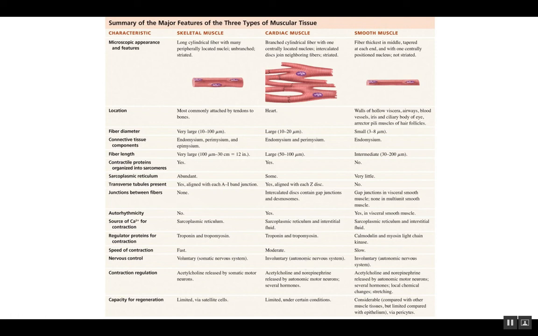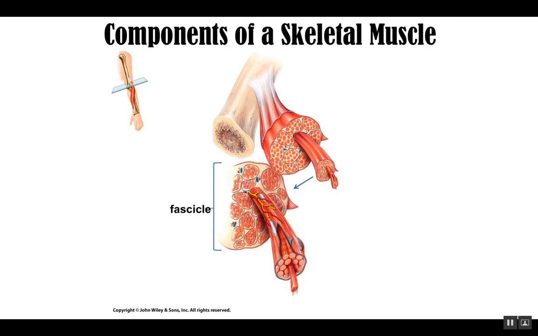But we'll be talking about these properties as we progress through the muscle physiology section. The next video lecture is going to start to look at how we take muscle cells and package them in order to form an entire muscle.